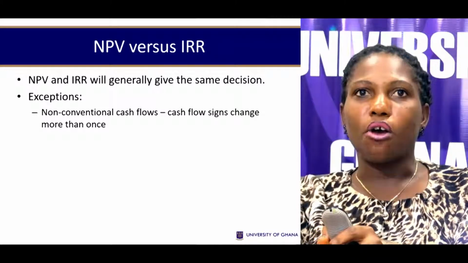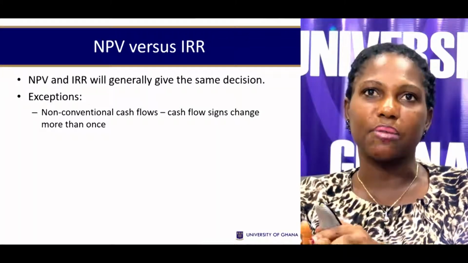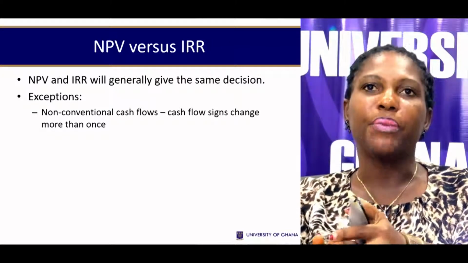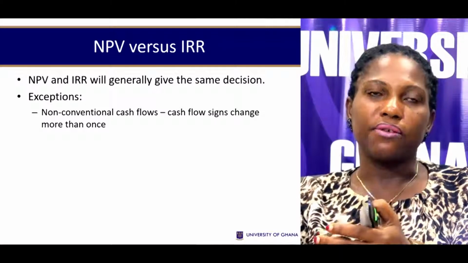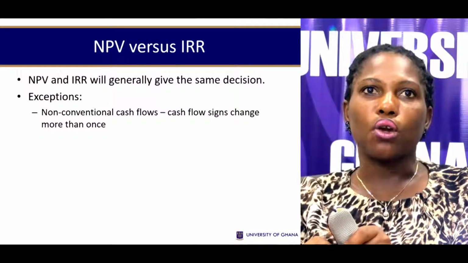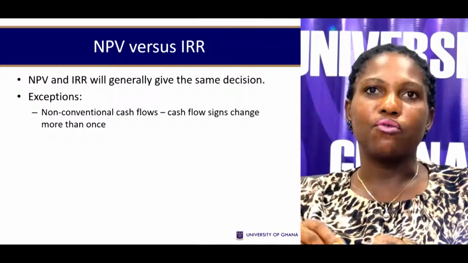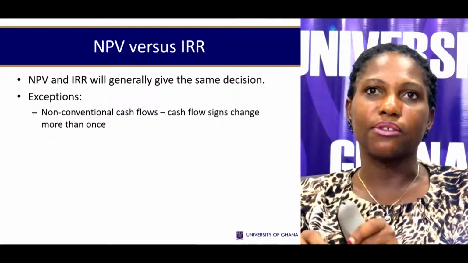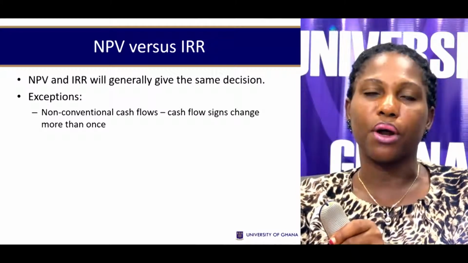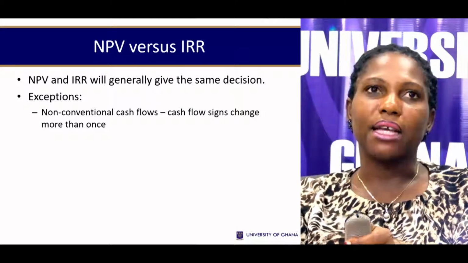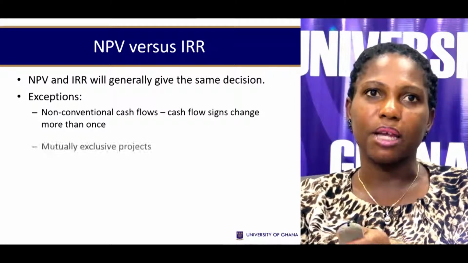Now, when cash flows are conventional, it means it follows the pattern of literally sowing and harvesting, meaning that we invest in the beginning and then we receive positive cash flows into the future. But where we have non-conventional cash flows, meaning that we have periods where we have to reinvest, having negative cash flows somewhere during the future cash flow plan of the project, then we have cases where NPV and IRR will not normally arrive at the same decision.